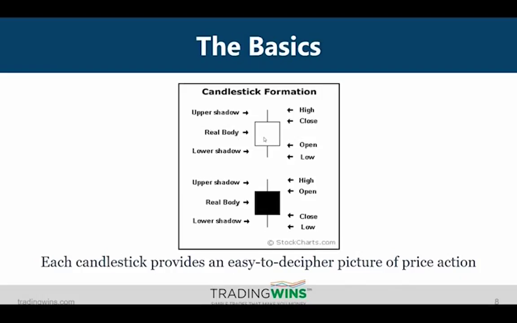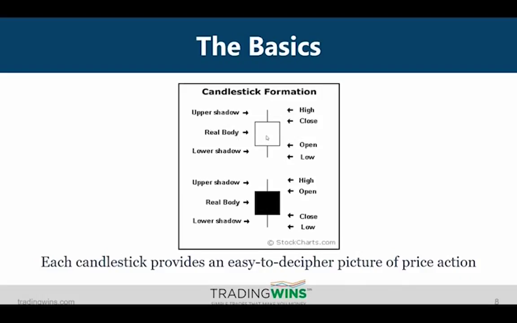So for a clear or a green candle, here, the bottom edge of the body is always going to be your open, because the only reason why it's green or clear is because it closed higher than where it opened. So the range of the body is the difference between the open and the close. And these wicks and the tails here, these little lines sticking out of the top and the bottom of that body, are the absolute low and the high for that period.